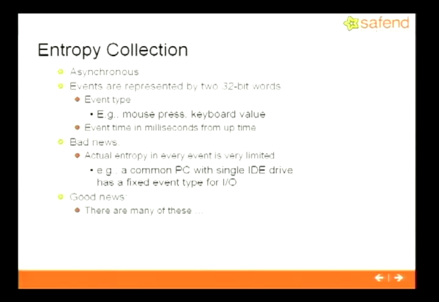So the bad news is that the actual entropy in each event is very, very low because, as I mentioned, hard disk, almost none, keyboard, a little bit, mouse, there is some, and interrupts, by the way, are not implemented for all the devices. Interrupts are implemented just for certain device drivers in the operating system. So we get very few different values, but the good result is that we get a lot of them.